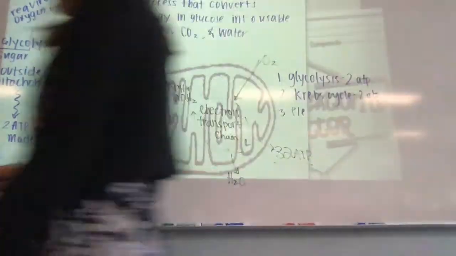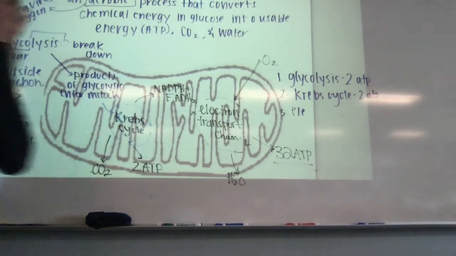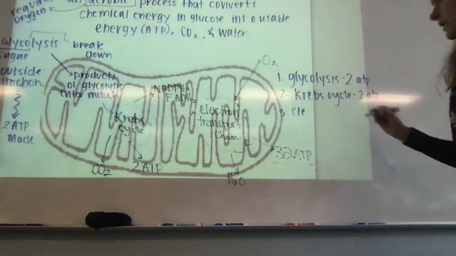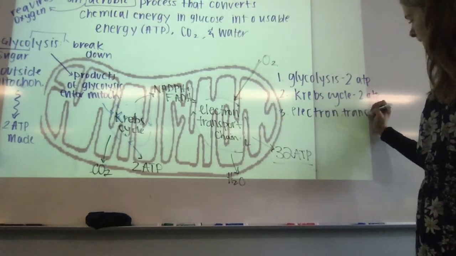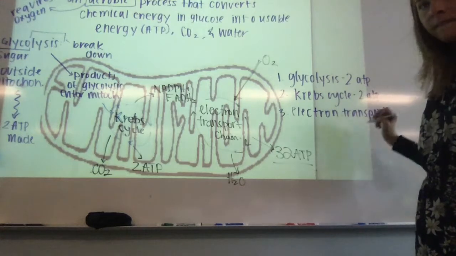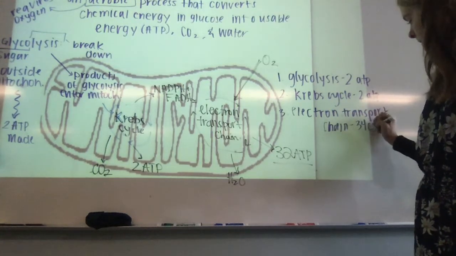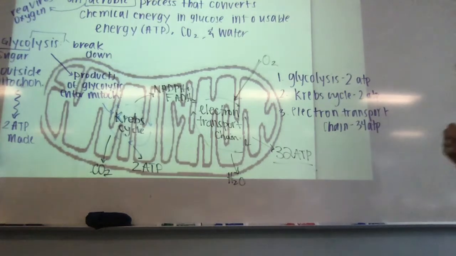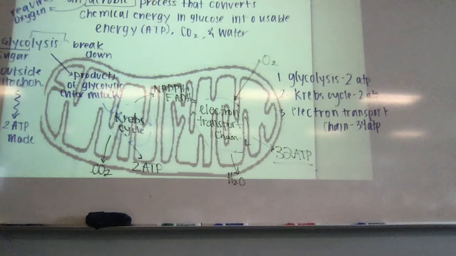Let me get rid of this. The electron transport chain, which gives off 34 ATP. And those are your notes for cellular respiration.